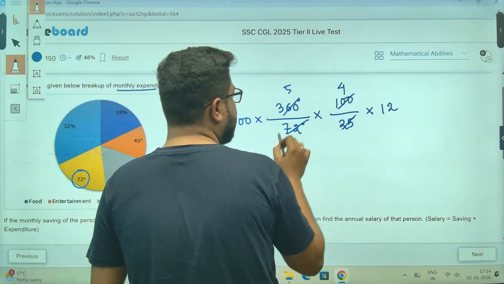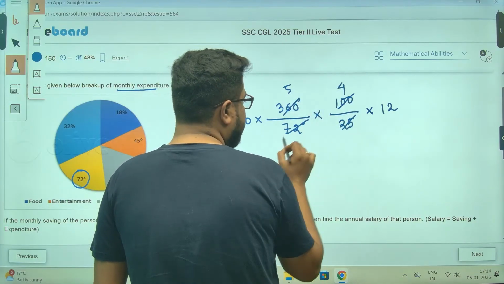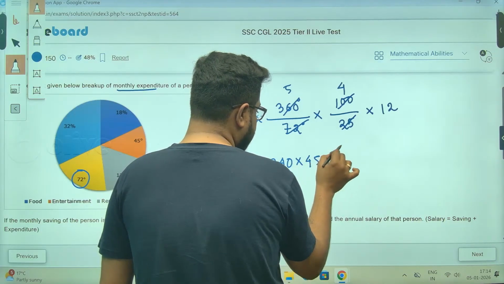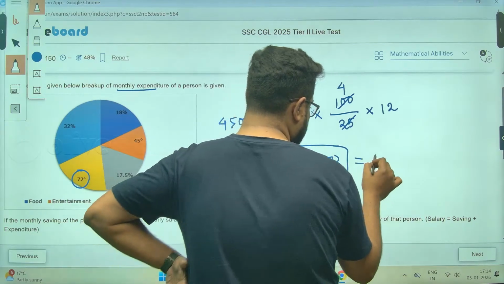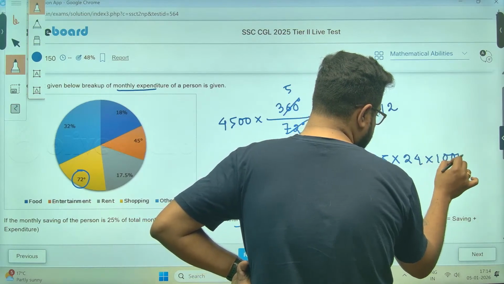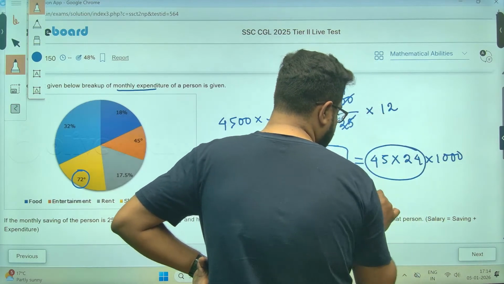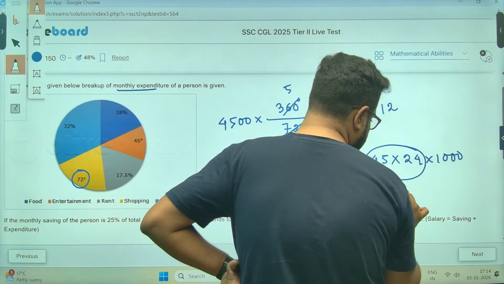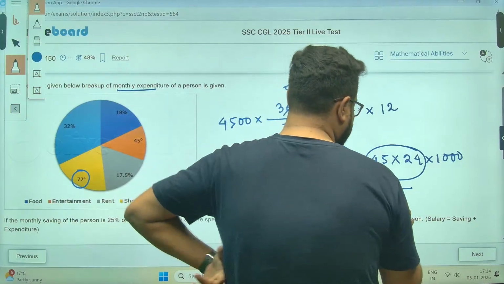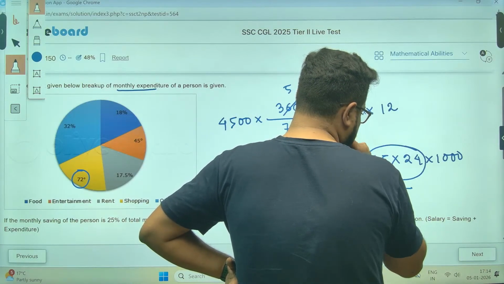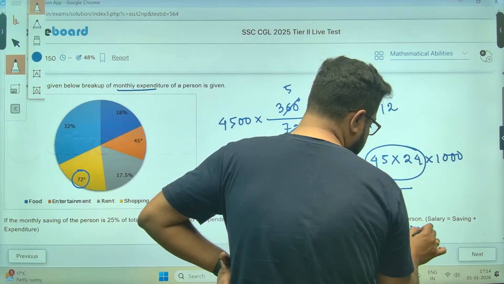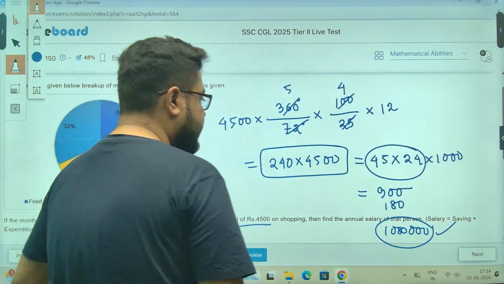Same thing only I'm getting, 5 fours are 20. 20 into 12 is 240, into 4500. 45 into 24 into 1000. I'm getting 1080 only. This is what I'm getting, sir.